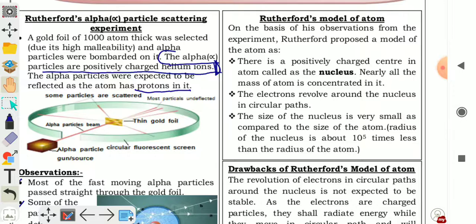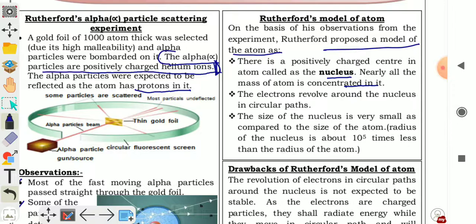On the basis of his observations from the experiment, Rutherford proposed a model of the atom: there is a positively charged center in the atom called nucleus. Nearly all the mass of atom is concentrated in it.